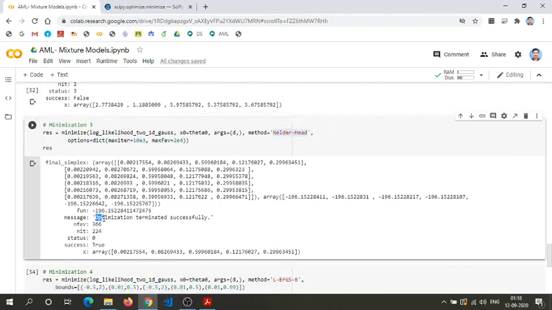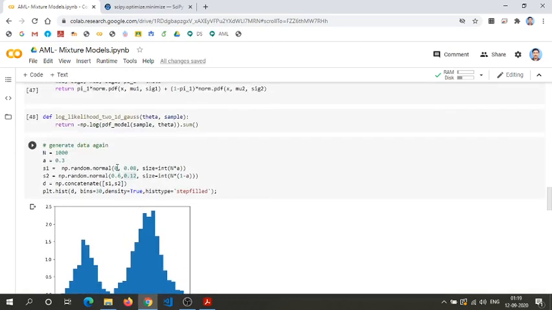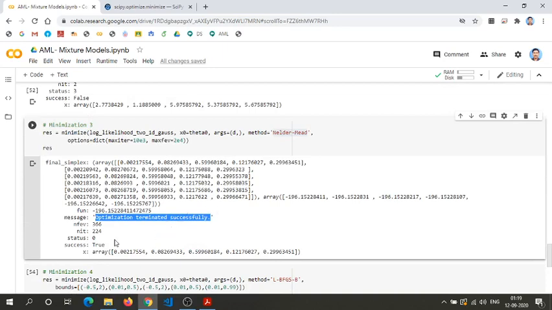Yes, optimization terminated successfully, and the result was 0.0, 0.8, somewhat closer. 0.59, 0.12. I think this is almost close. 0.08, 0.6, 0.12. Yes, Nelder-Mead optimization was able to give a better result.